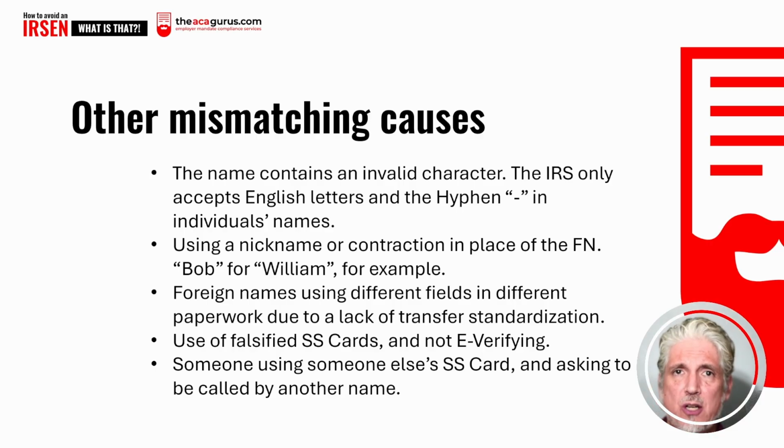Now, other mismatching causes. Okay, so if the name contains an invalid character, the IRS only accepts the English letters and a hyphen in individuals' names, meaning that any accent, any apostrophes, any commas after a name but before junior, for example, any periods, are not going to be accepted.